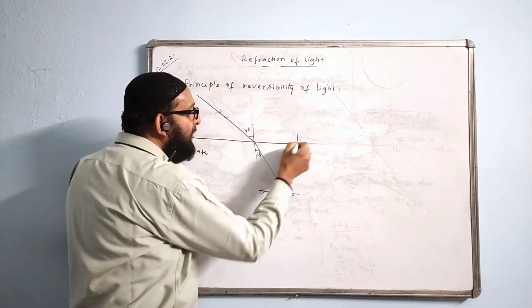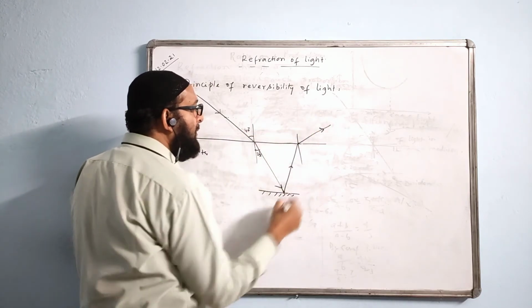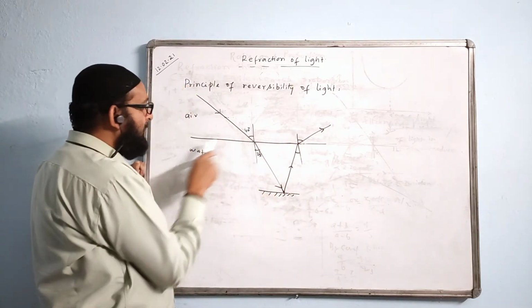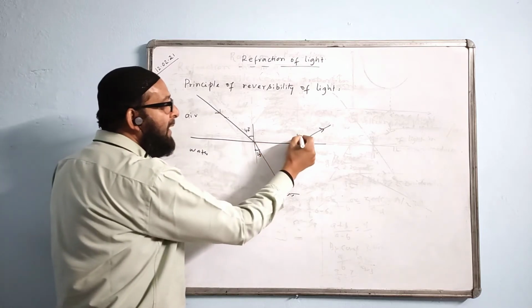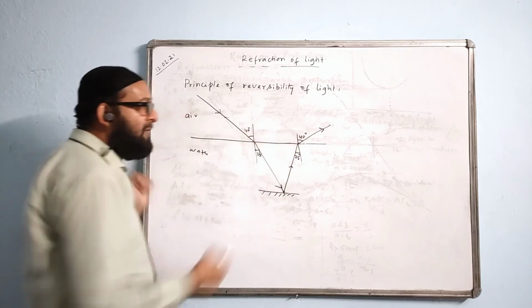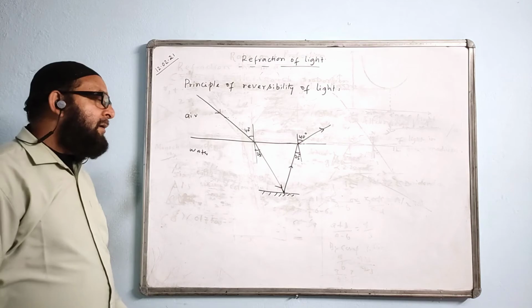And now, this is denser water, this is air, so it will go away from the normal like this. But the pair of angles will be the same. Air angle is 40 degrees and water angle is 25 degrees. That angle will remain the same. These two pair of angles will remain the same. This is how you will complete.